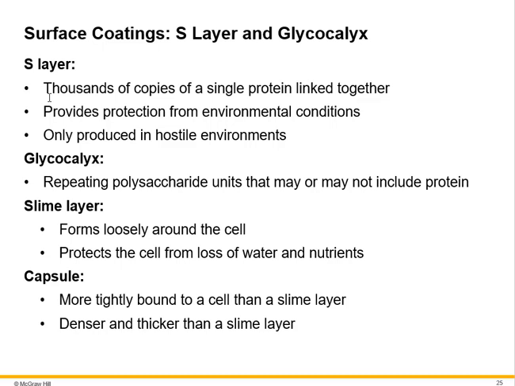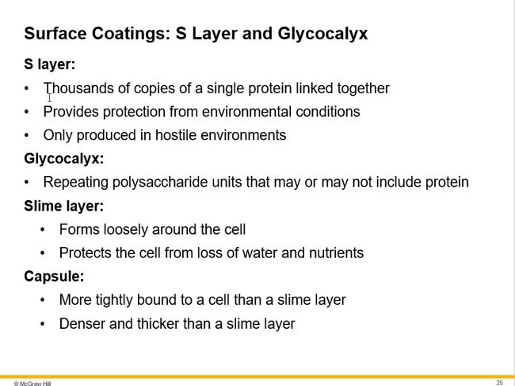An endospore is also made for survival, and they're only made in a hostile environment. So those cells that do not have the ability to make an endospore use the S layer as this extra layer of protection.